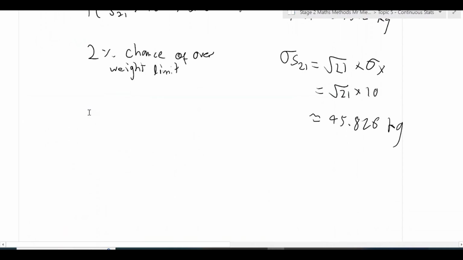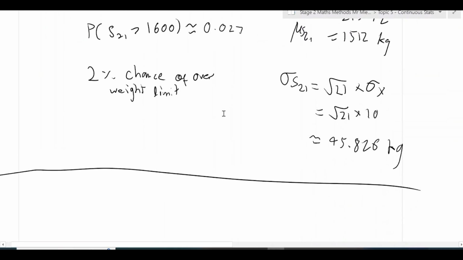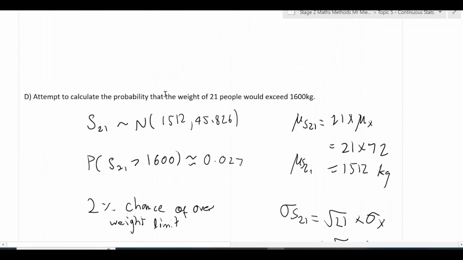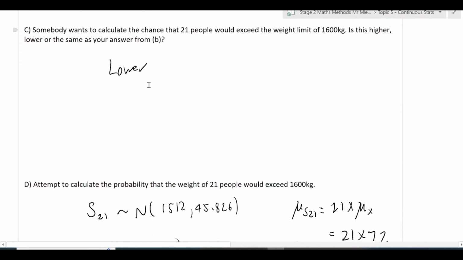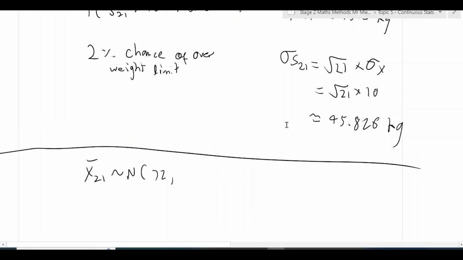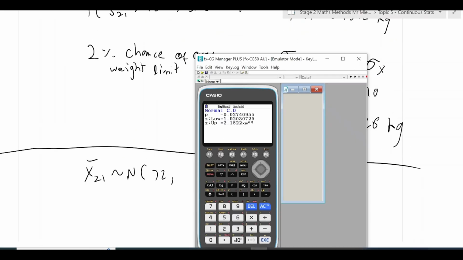The other thing that I want to show you as we finish up is an alternate method you could use to do this. We could look at the distribution of X bar 21. That's distributed normally. The mean is the same as a single person, which was 72 kilograms. So the mean is 72, and the standard deviation is going to be the original standard deviation. The original standard deviation was 10, but we need to divide it by root 21, and that gives us this X bar 21 distribution.